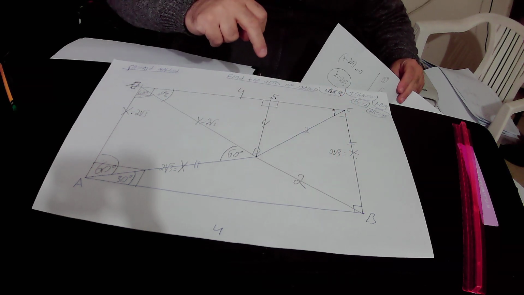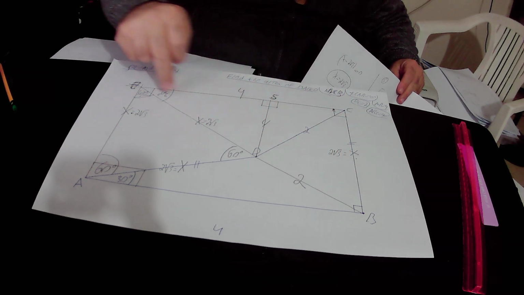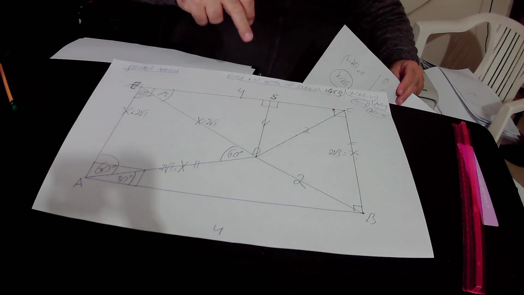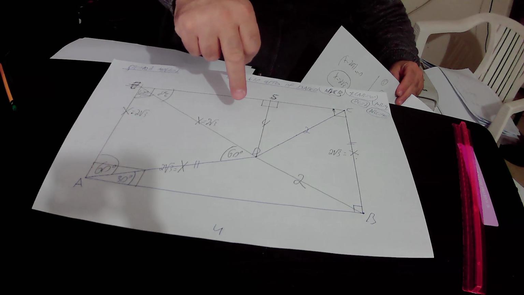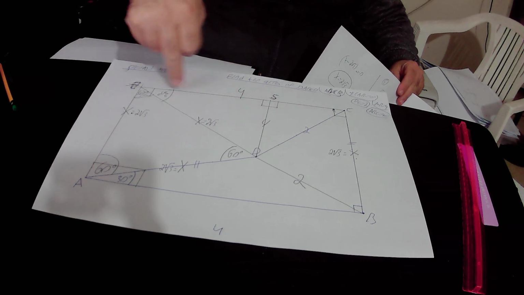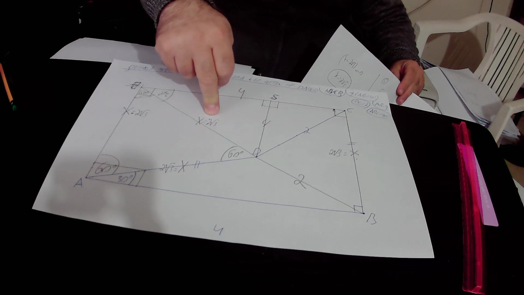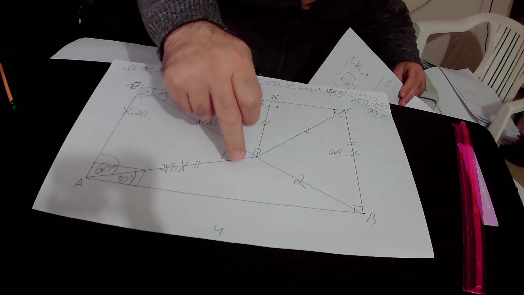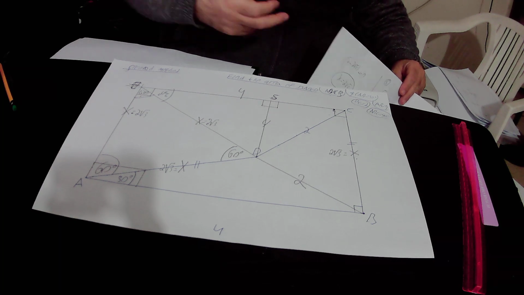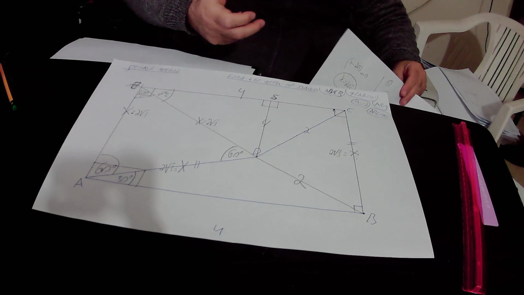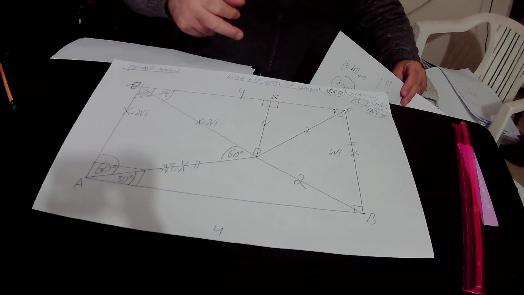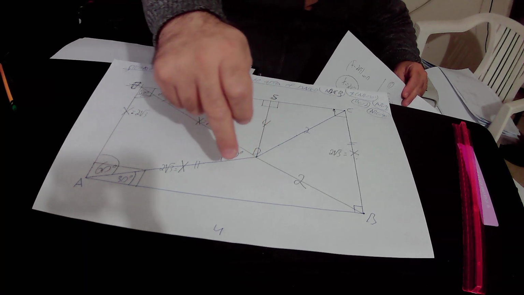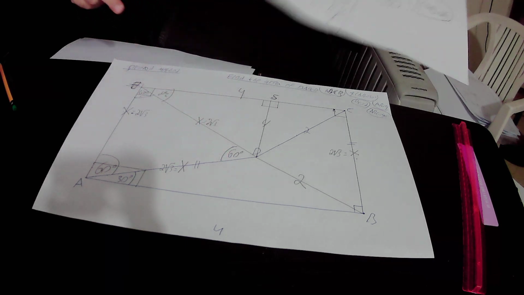But because triangle CDE is congruent to triangle ADB, the area of triangle CDE equals the area of triangle ADB, since two congruent triangles also have the same areas.